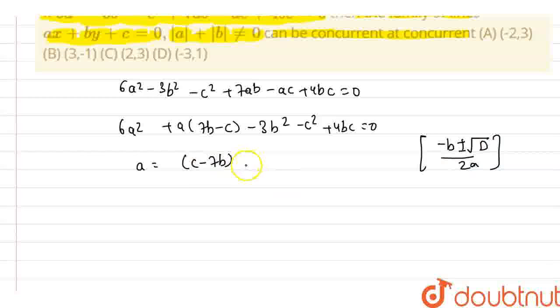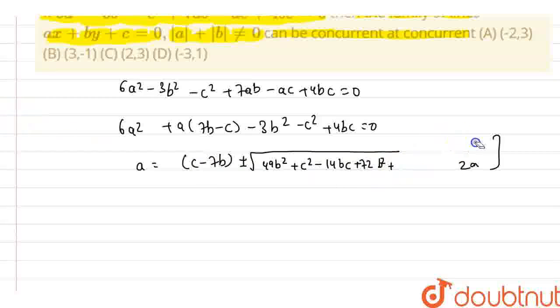So from here we use this formula. It becomes a = (c − 7b ± √((7b − c)² + 24(3b² − c² + 4bc)))/12, that is, under the root, 49b² + c² − 14bc + 72b² − 24c² + 96bc.